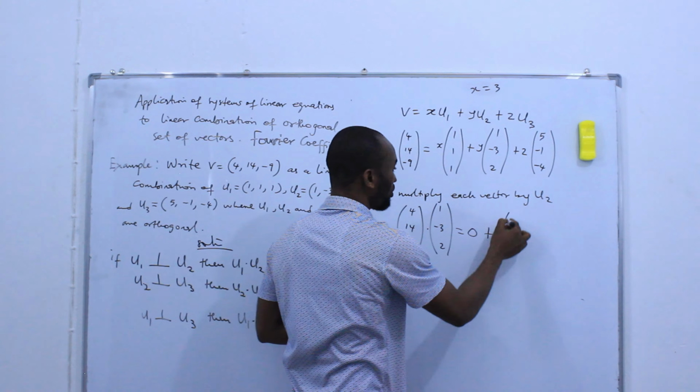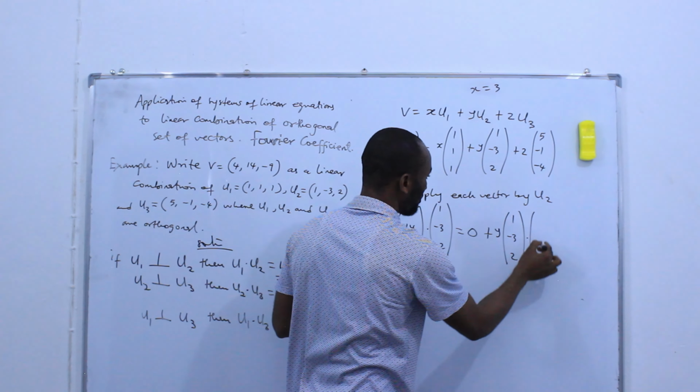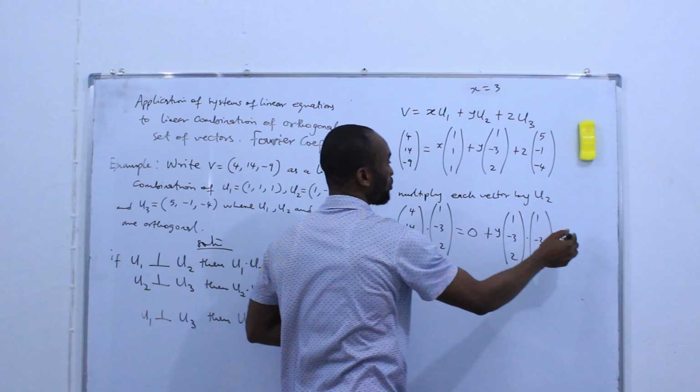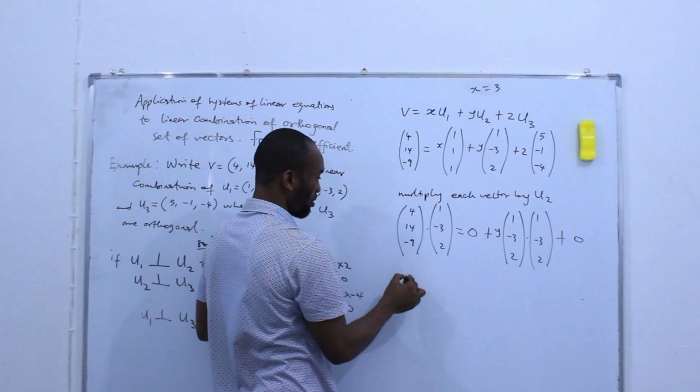And if I take the dot product of u2 with itself, it's not going to be 0. And then the dot product of u2 with u3 will also be 0.